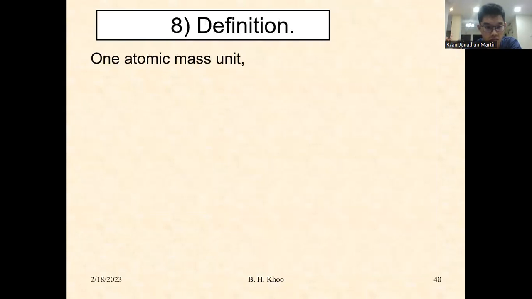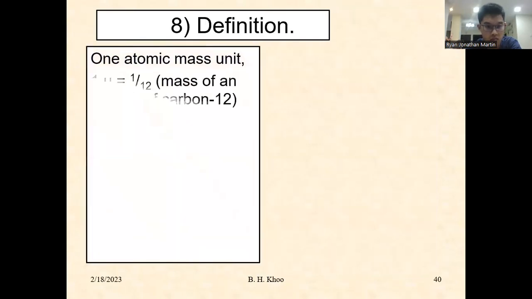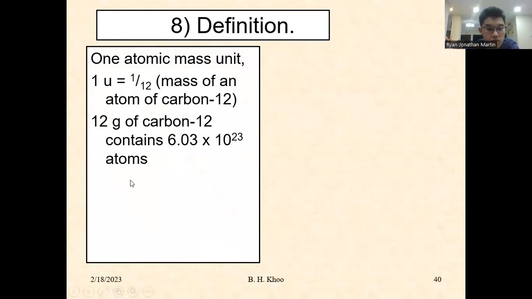Okay, how do we get that? The atomic mass unit definition is 1/12 of the mass of an atom of carbon-12. So 12 grams of carbon-12 has 6.02 times 10 to the power 23 atoms. So we can calculate the mass of one atom.